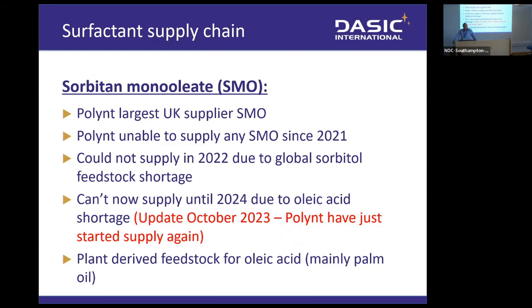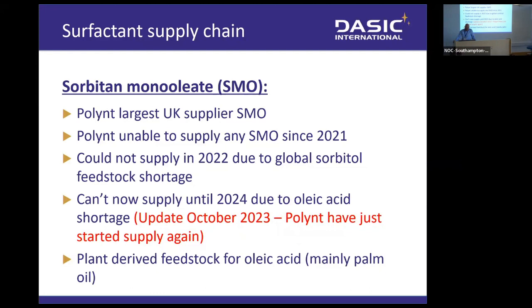That was caused by a global shortage of sorbitol. And in fact, Pollent have been saying at the early part of the year they wouldn't be able to supply anything until 2024. In fact, that's changed this month. They've finally managed to start producing. But it just gives you an idea of what can happen in the supply chain.